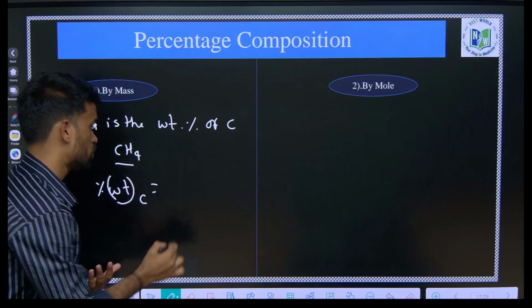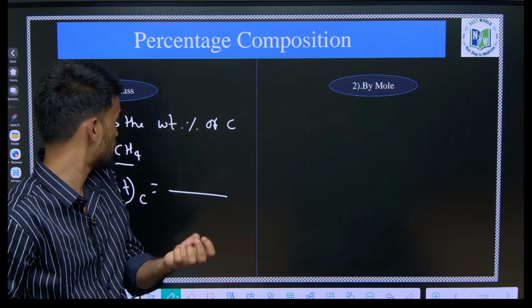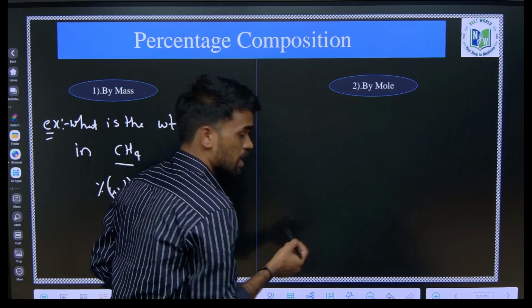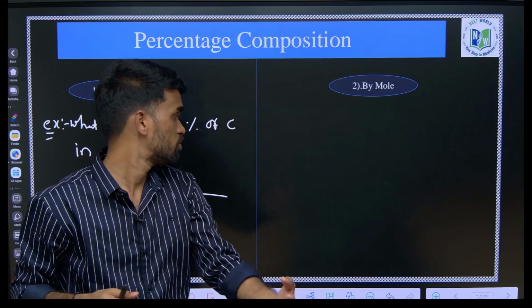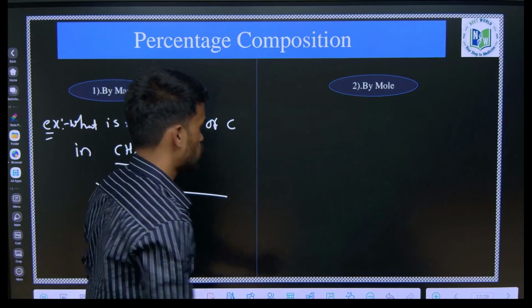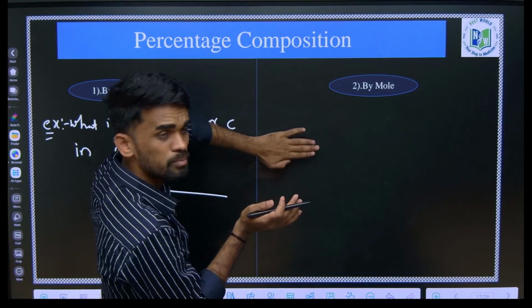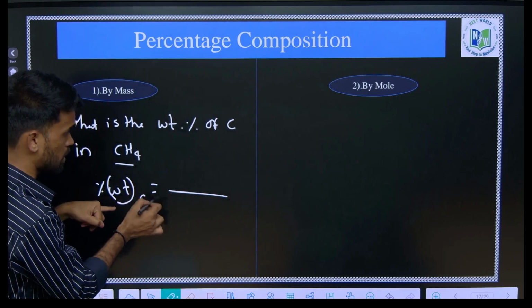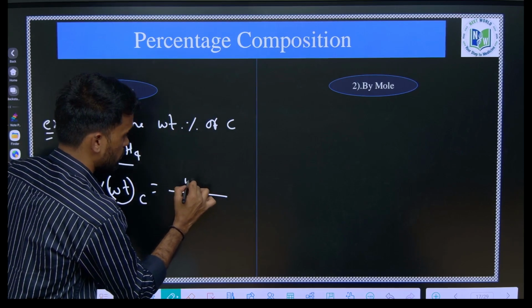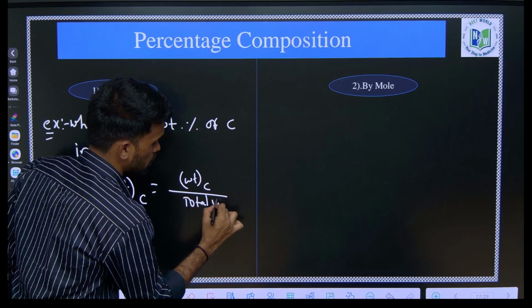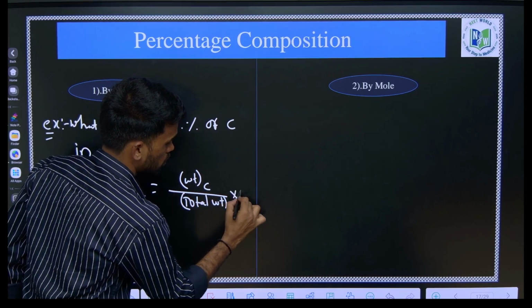We know how to calculate the percentage of a particular substance. If I ask what is the percentage of mathematics marks in total marks, how do we do it? Marks obtained in mathematics by total marks into 100. Here also, if I ask for carbon, you take weight of carbon by total weight into 100.